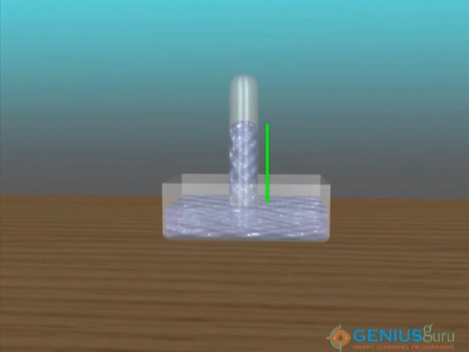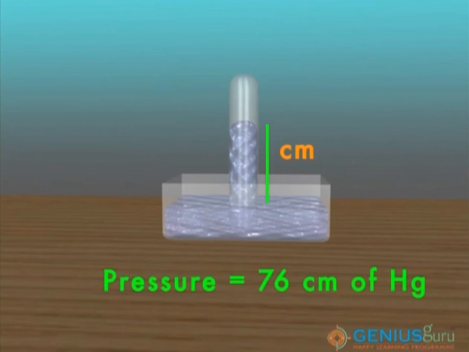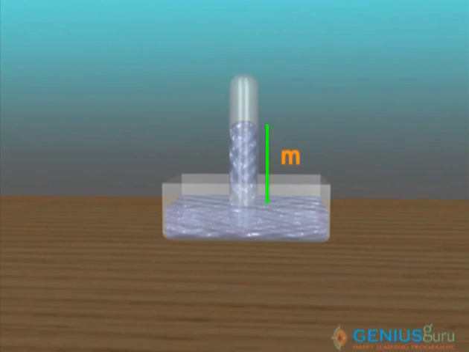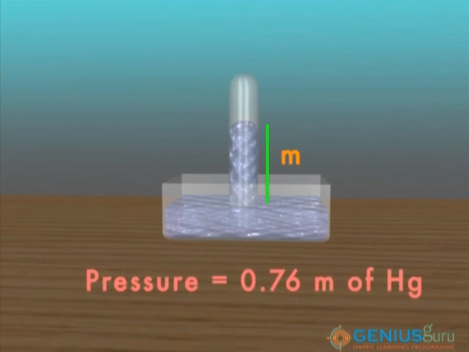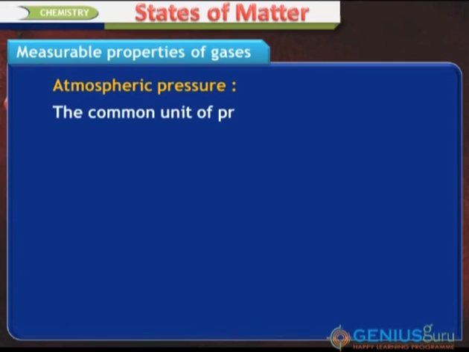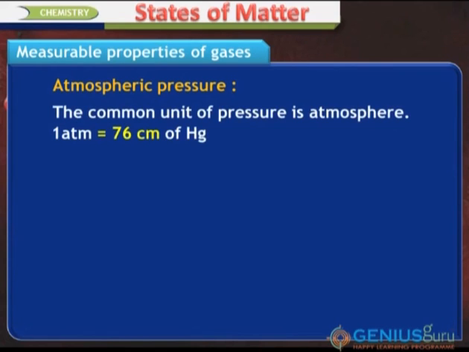If this height is expressed in centimeters, then the pressure is expressed in centimeters of mercury. If it is expressed in meters, then the atmospheric pressure is said to be so many meters of mercury. The common unit of pressure is the atmosphere, and 1 atmosphere is equal to 76 centimeters of mercury or 760 mm of mercury.